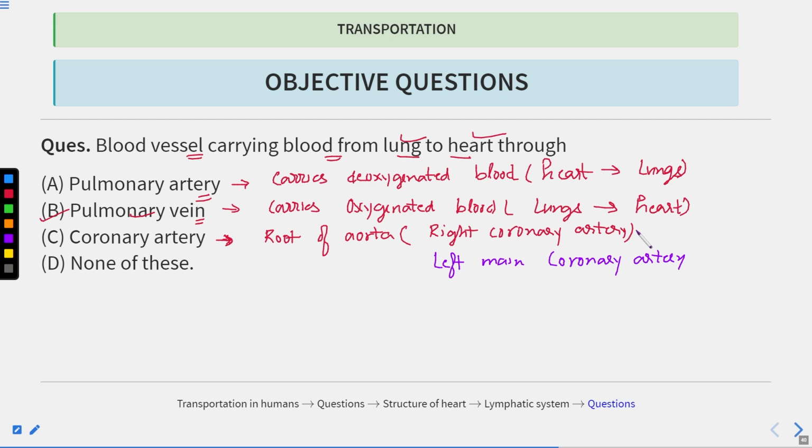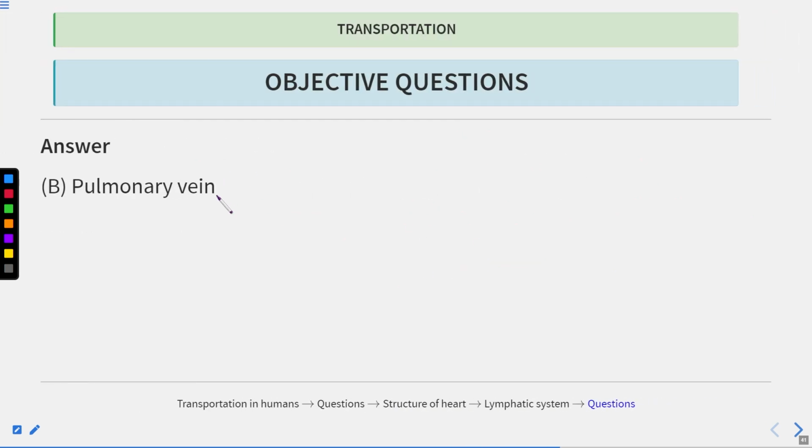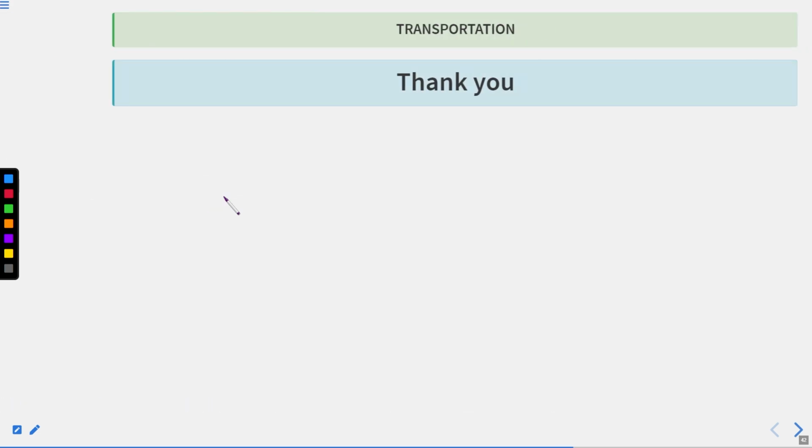The right coronary artery, I've told you, carries the blood to the right atrium as well as the right ventricle. Clear? So what should be the answer here? Pulmonary vein. This pulmonary vein carries the oxygenated blood from lung towards the heart.